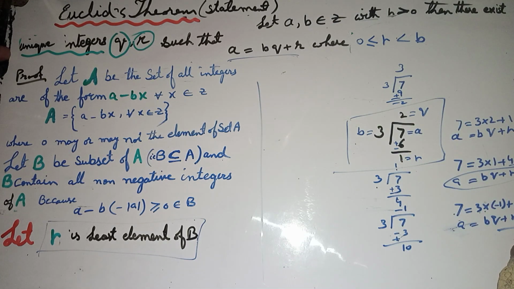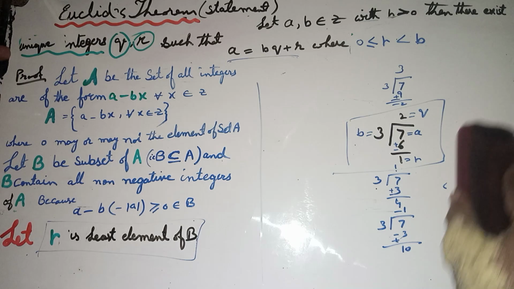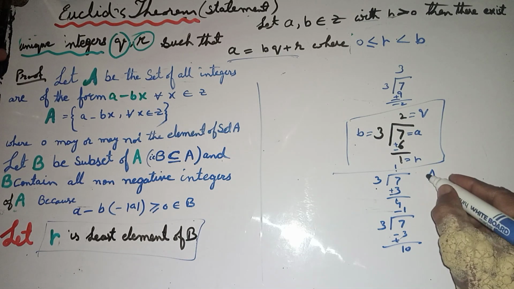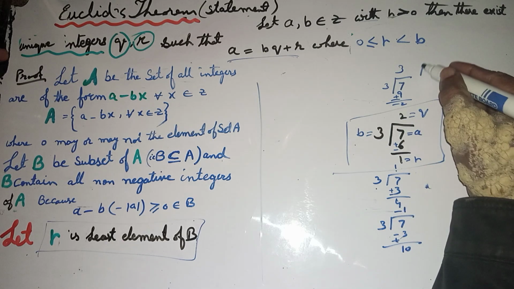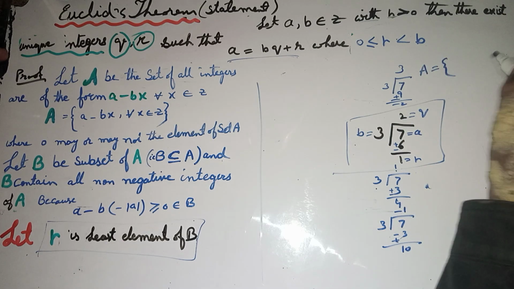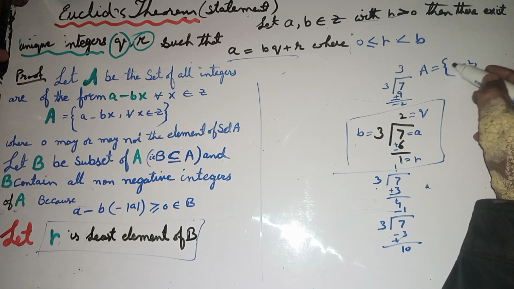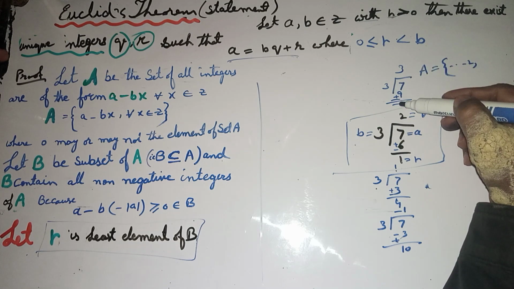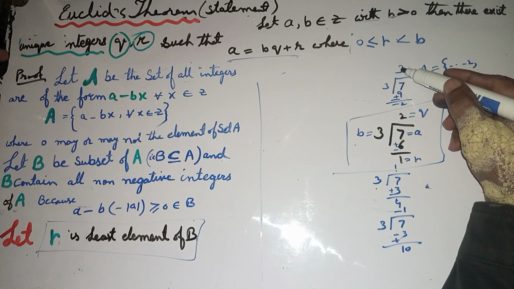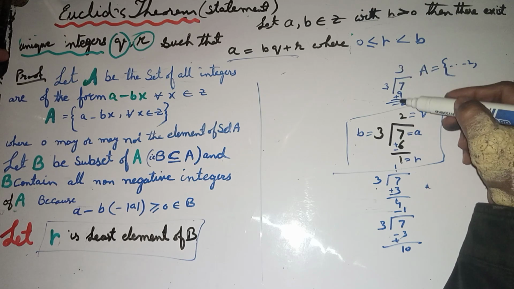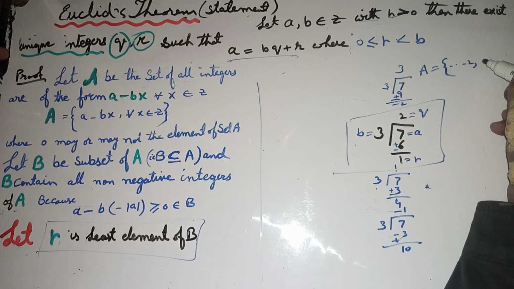Now you can see here, if I take a set A, and divide with 3 and 4, then more negative values come.